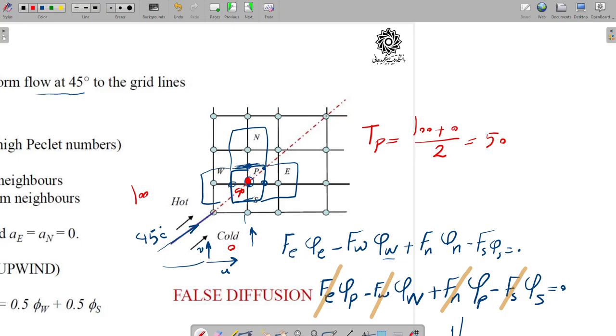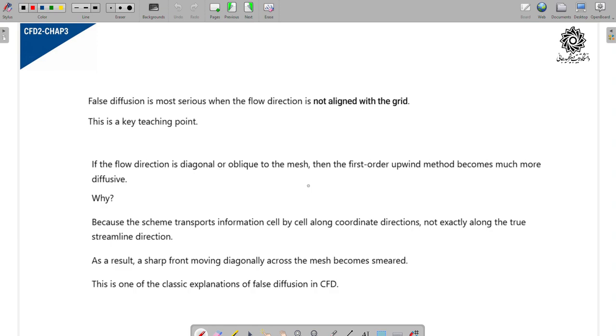This means that there is a false diffusion that causes temperature to diffuse from the hot domain to the cold domain. False diffusion is more serious when the flow direction is not aligned. This is a key teaching point.